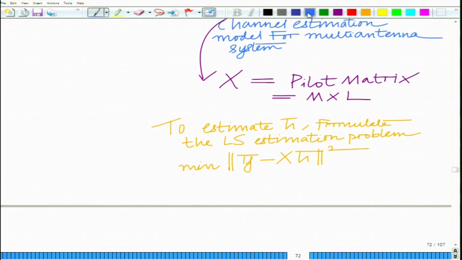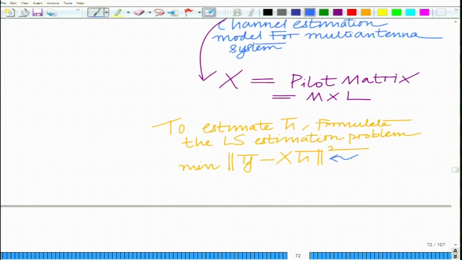So, to estimate h, formulate the least squares estimation problem. That is, minimize the norm square of y bar minus X h bar. So, this is the least squares problem and we know the solution now. So, this is your LS problem for channel estimation, in fact for multi antenna channel estimation.